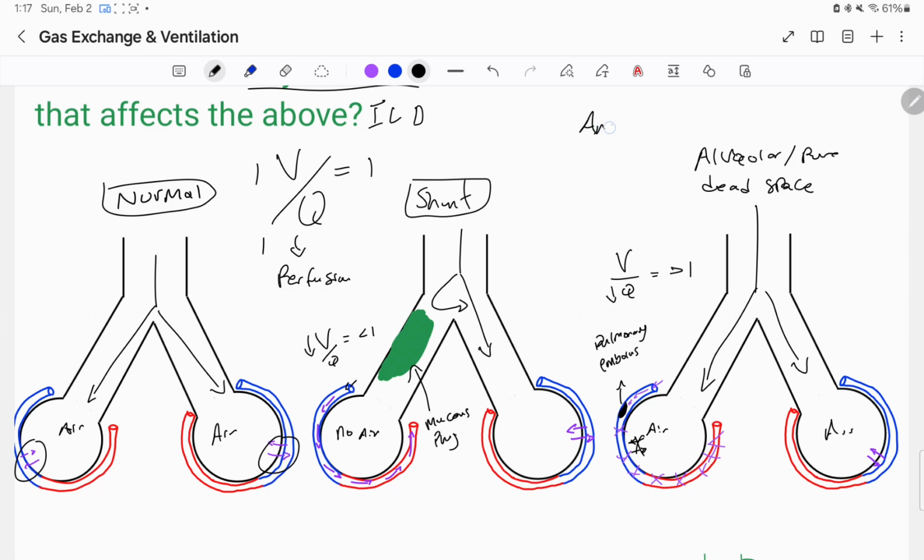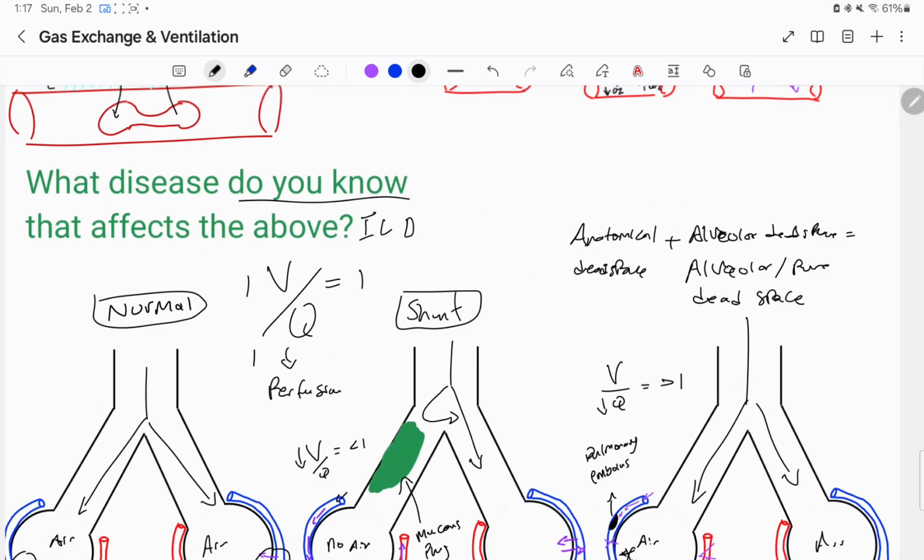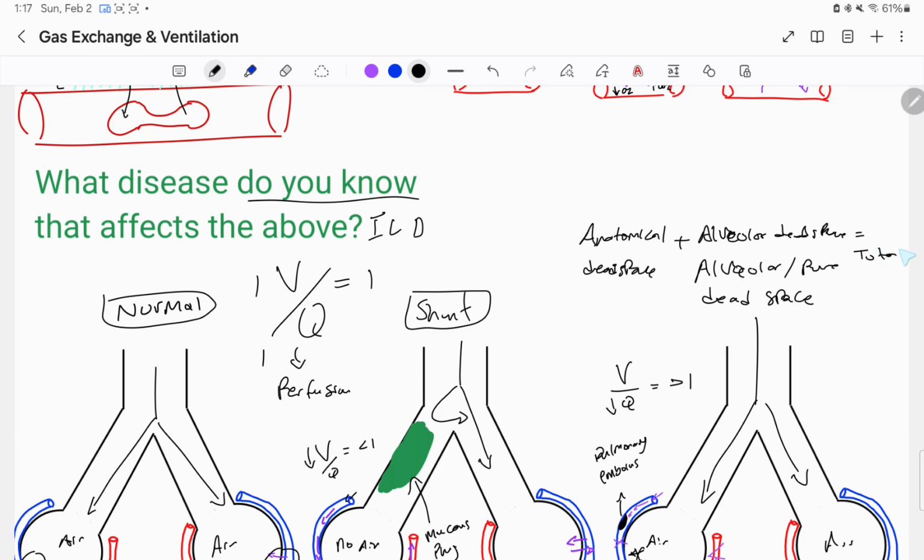So we have anatomical dead space plus alveolar dead space, which can actually add up to something called your total physiological dead space.